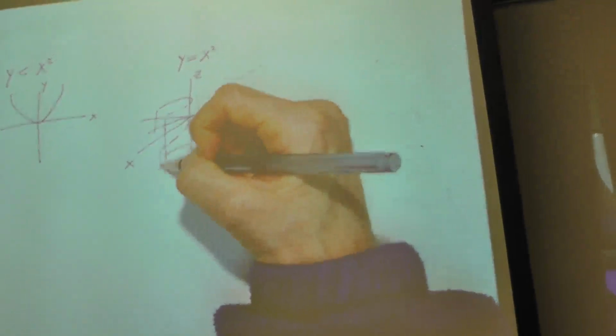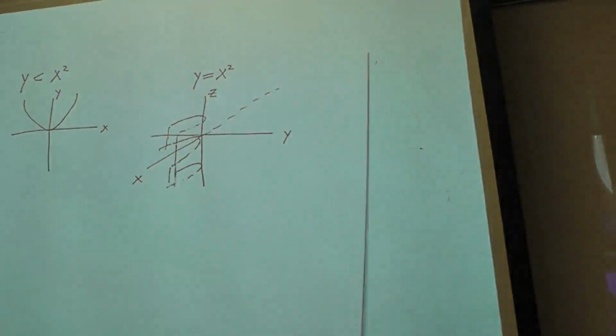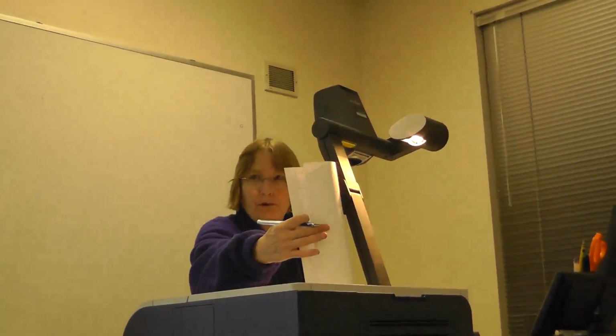So you get this kind of shape. Basically, it's like this along the z-axis. Does this make sense?